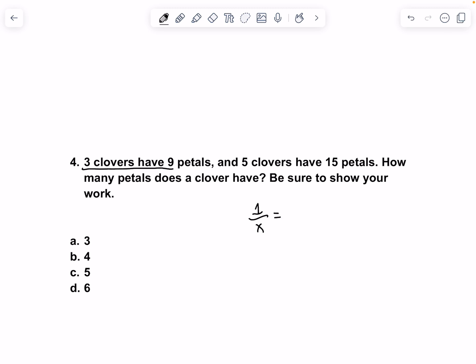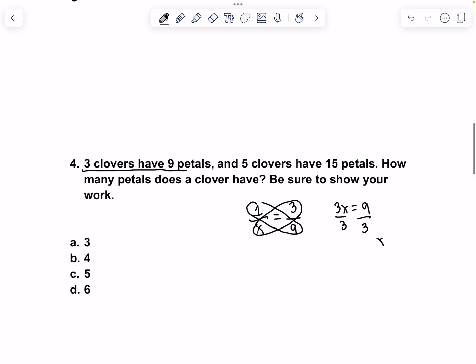I'll just use 3 clovers over 9 petals, and cross multiply. So 3 times x is 3x, and 1 times 9 is 9. So 3x is equal to 9. Dividing on both sides gives us x is equal to 3, meaning the answer is A.